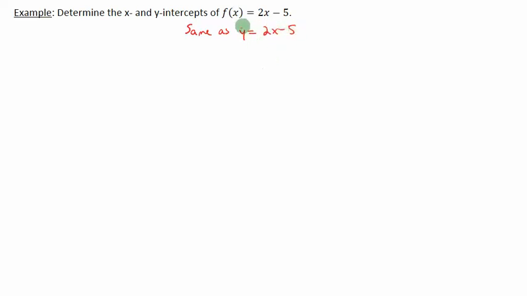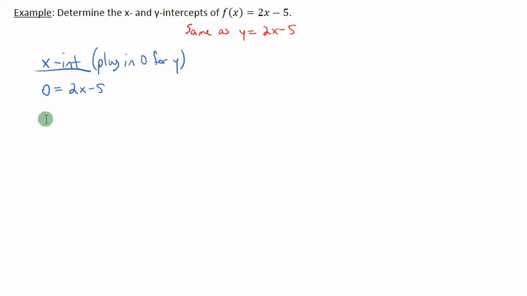That can be useful because it helps you see the y variable. So now if I want to determine my x-intercepts, I know that y has to be 0. And this equation becomes 0 equals 2x minus 5. And now I can solve for x.